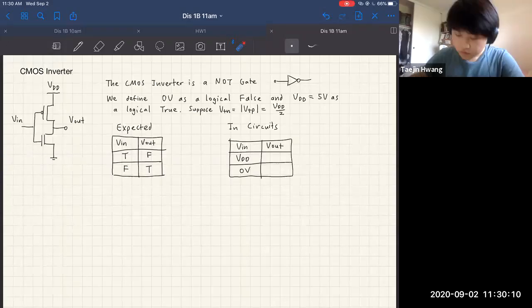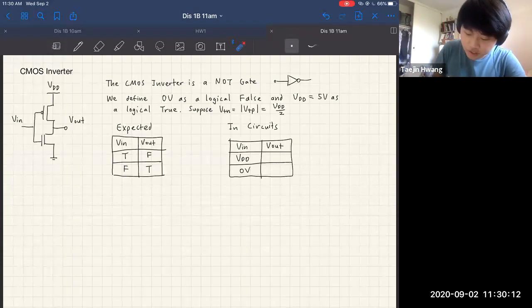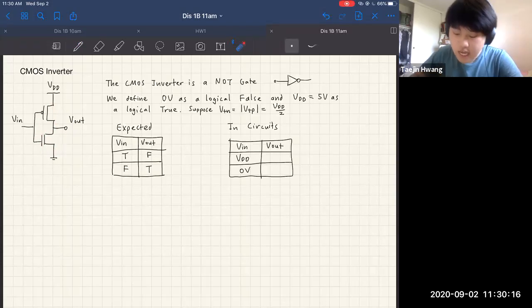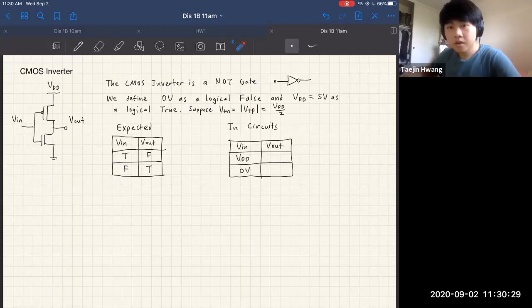We're also going to assume that these PMOS and NMOS transistors have some sort of internal threshold potential. Threshold potential is always something internal within a device. You're never going to be asked to calculate it; it's just given to you. It's mainly based on the chemistry and the device physics.